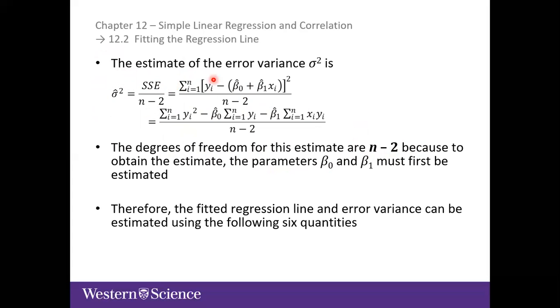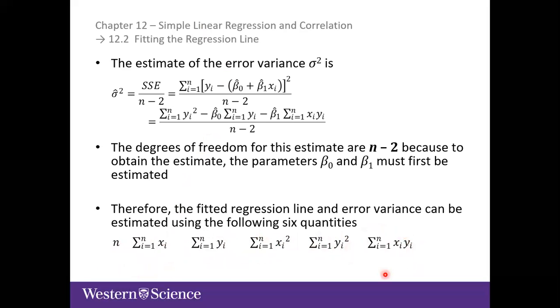In summary, we went through the mathematical derivation, but we can do the linear regression analysis if we know these six quantities: n, the number of data, the sum of x, the sum of y, the sum of squared x, the sum of squared y, and the cross term.